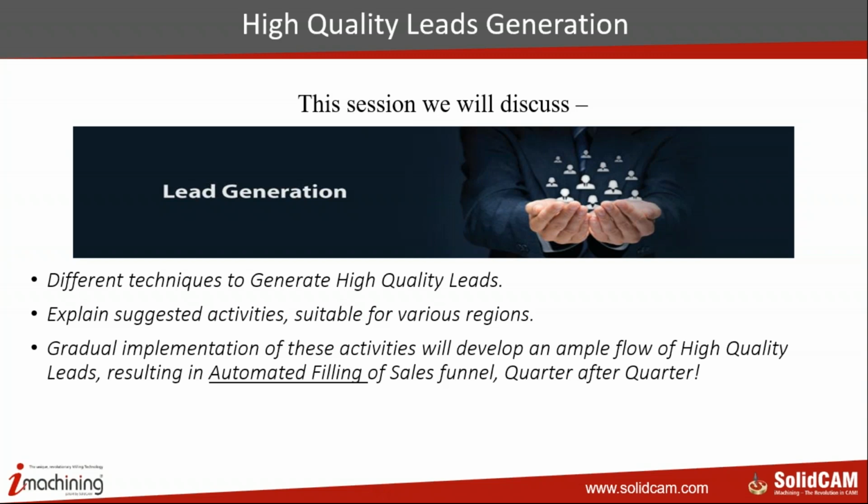This means that if we simply follow the points I'll be discussing, as has happened in India, which has made us a bit successful, our sales funnel will always be full every quarter. Let's discuss all the 10 points.